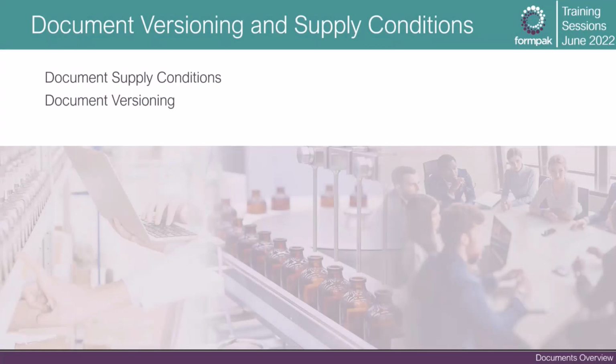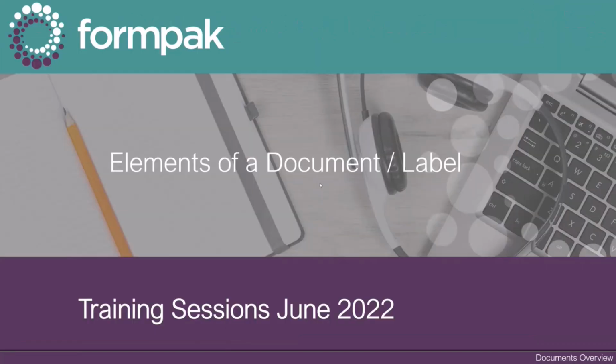So what we're going to do now is go back to our presentation and have a look at the different elements of a document and a label. We've had a look at a few, so we're just going to see what they are, how they work and where they're coming from.